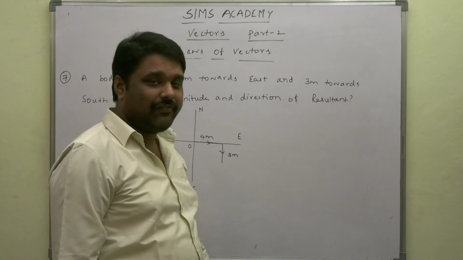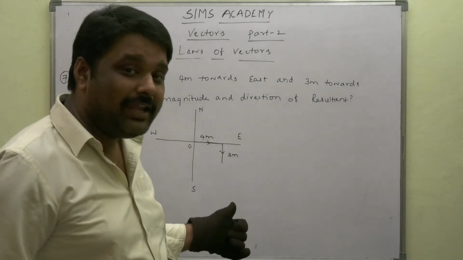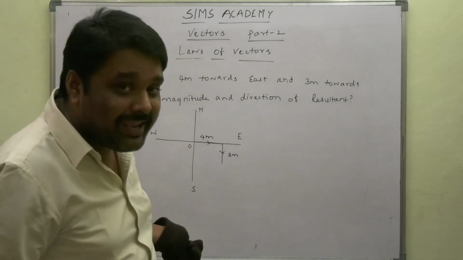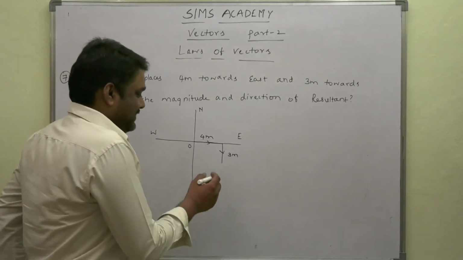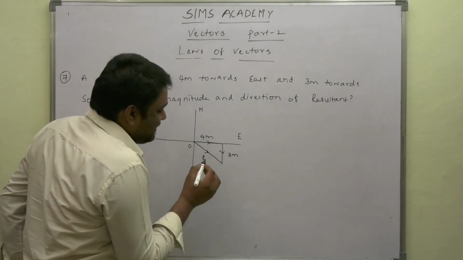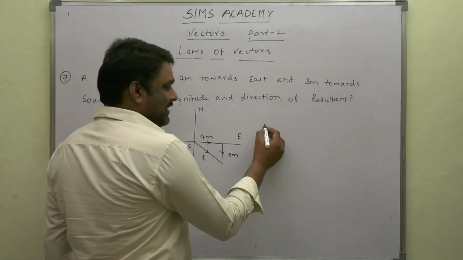Then what are we supposed to apply here? We apply the triangular law of vectors. The resultant is given by this one. What is the magnitude of that resultant?